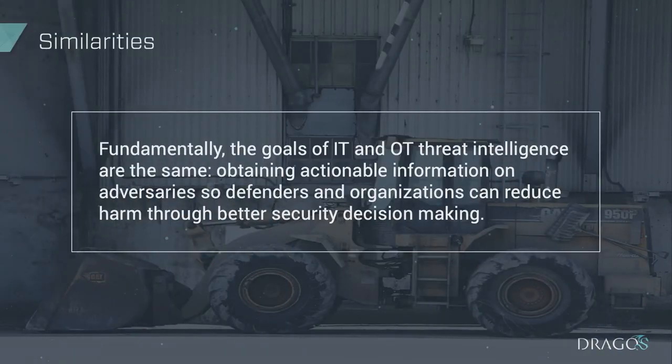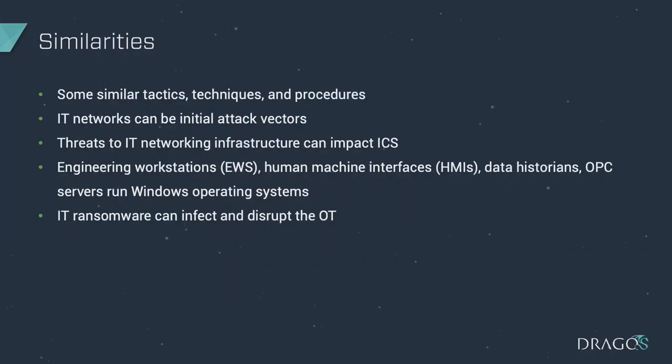There are a lot of similarities between the two, IT and OT threat intelligence. So the goals of threat intelligence on both sides are the same, right? Like we want to obtain actionable information on these adversaries so that defenders and organizations can reduce harm through better security decision making. Some additional similarities. You'll see similar tactics, techniques, and procedures.